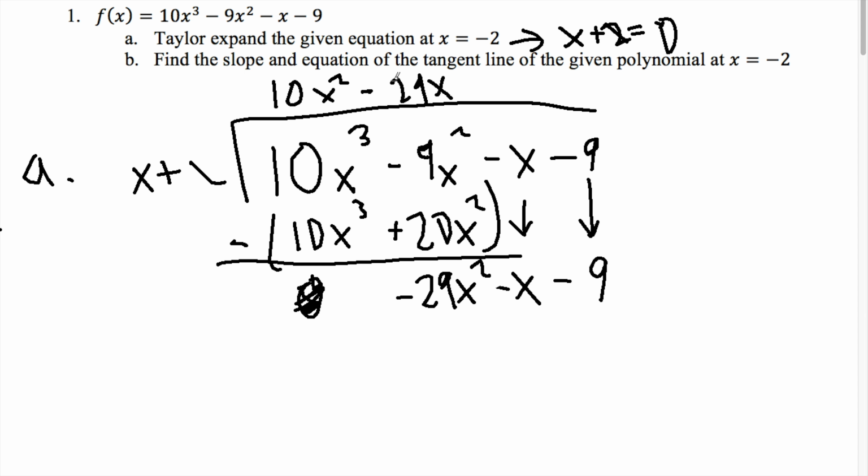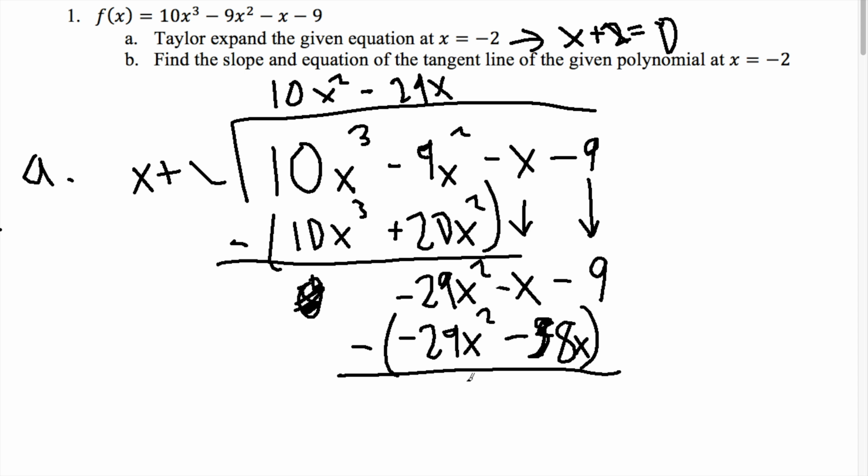So you multiply minus 29x by x plus 2 and subtract that value from this value, in which you get minus 29x squared minus 58x. Oh, my bad, 58x.